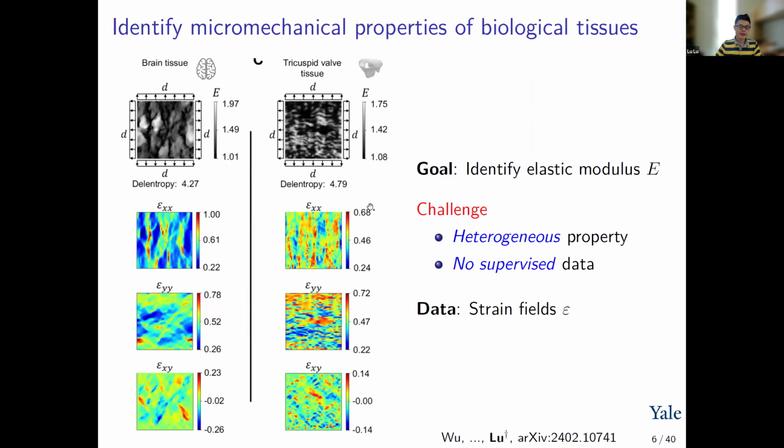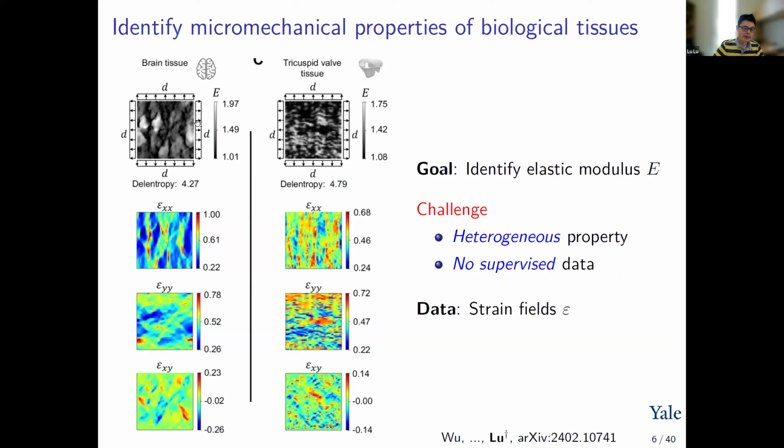So what we try to do in this project is, given this unknown brain tissue, this is one image from real experiments of the brain tissue, and this is an image from an experiment on valve tissue, we try to infer the tissue structure in terms of the Young's modulus E here. So we try to know this mechanical property E of the tissue.